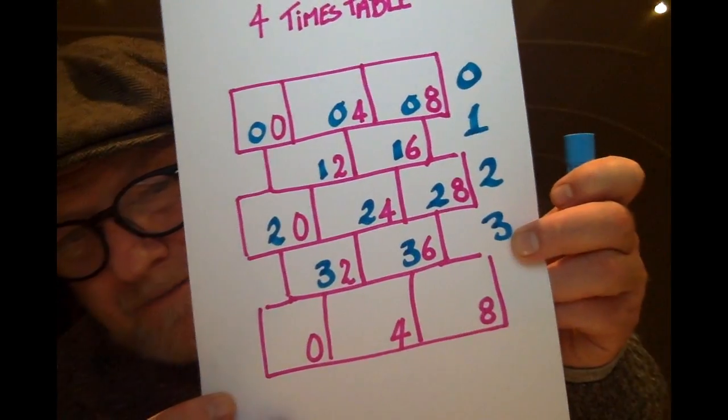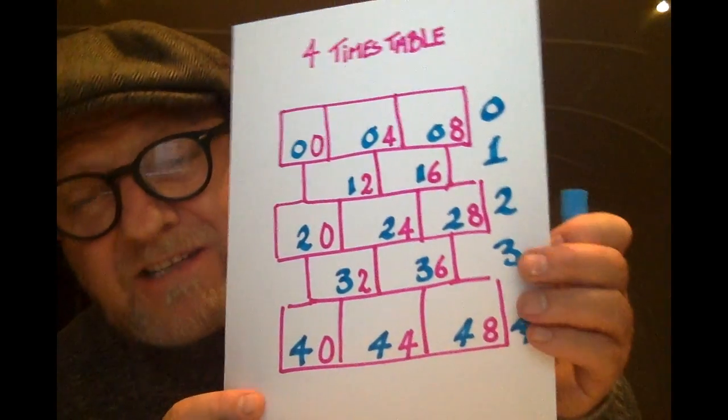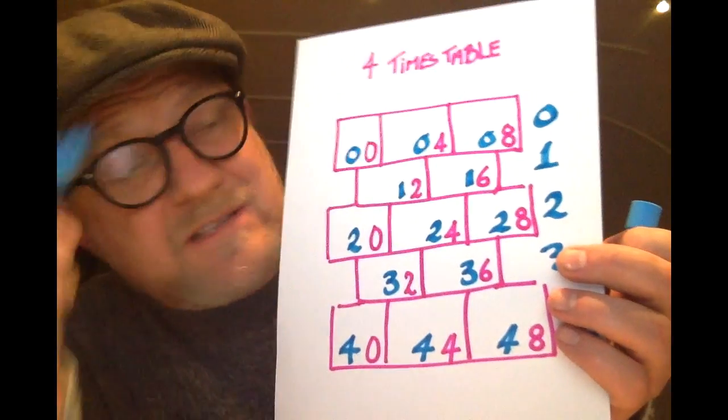In the fourth row, we place all 3s. And in the final row, we place all 4s. There we go. And as you can see, it's our 4 times table.